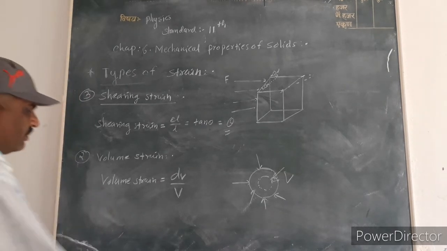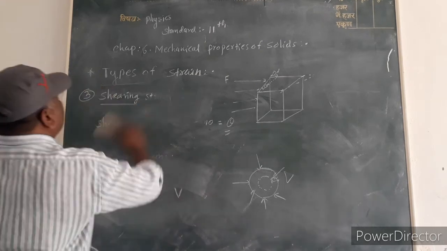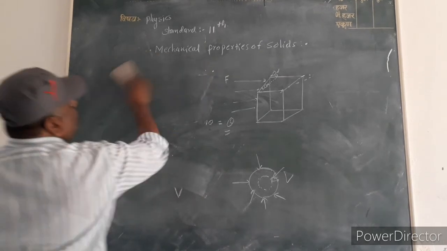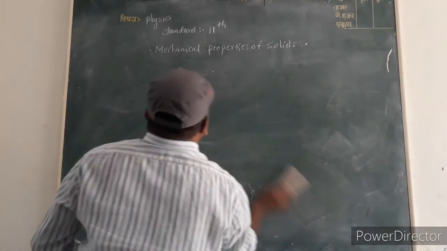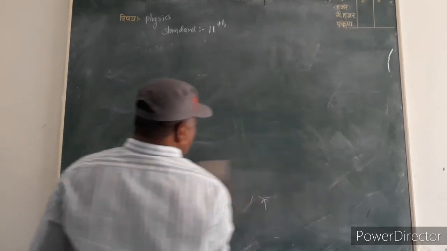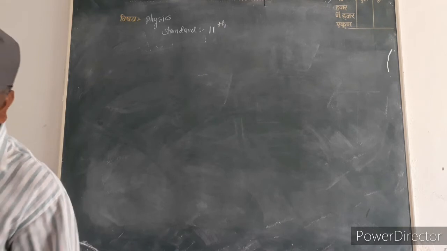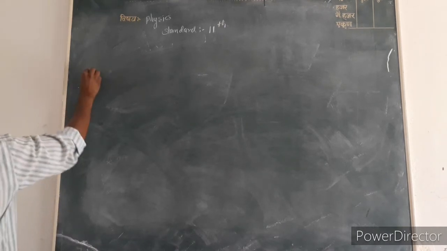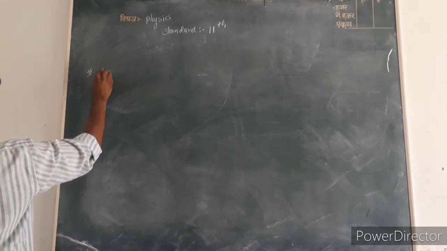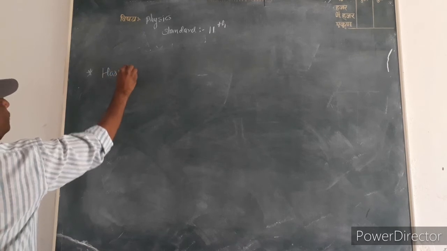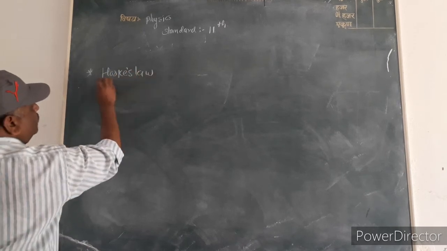Now we discuss another law of the same chapter, that is Hooke's law. The scientist Robert Hooke described the law called Hooke's law.